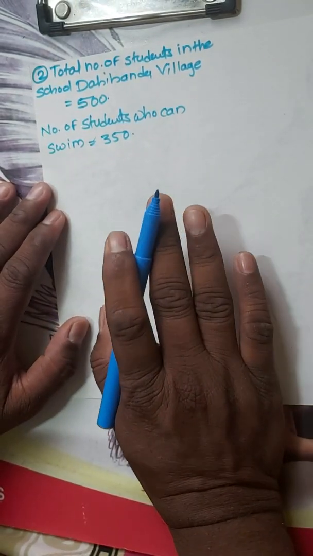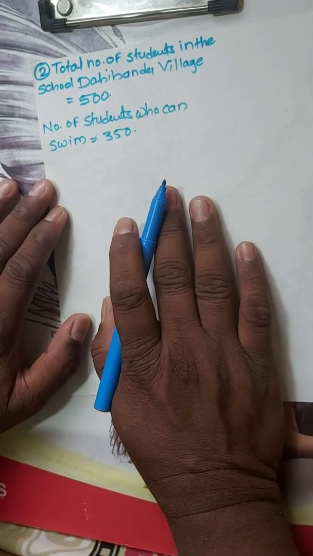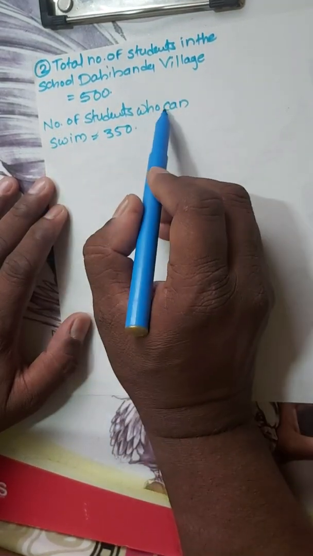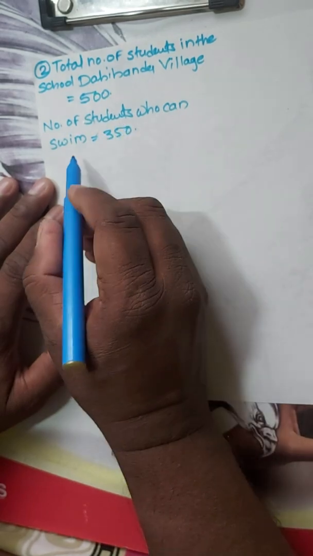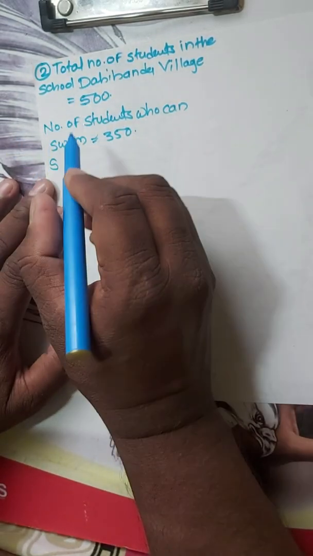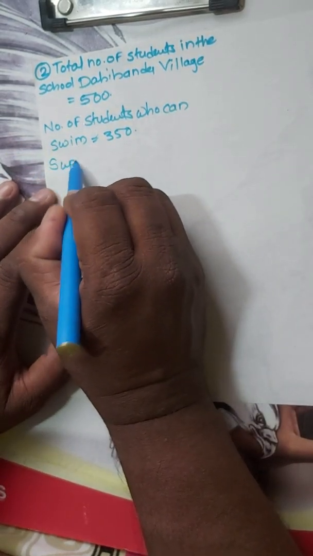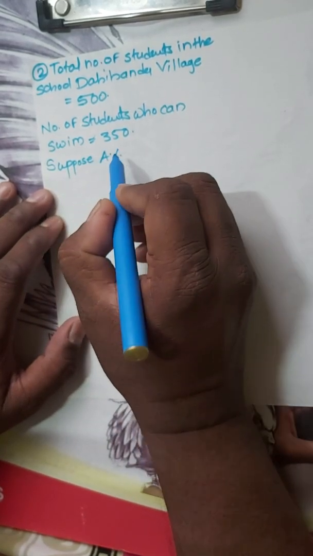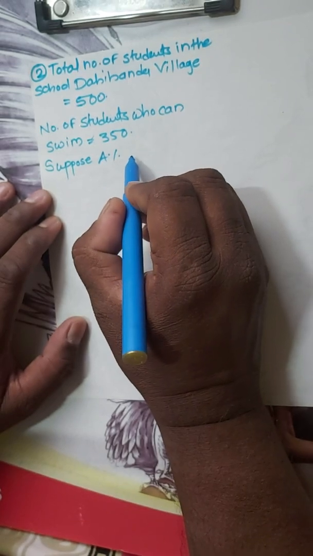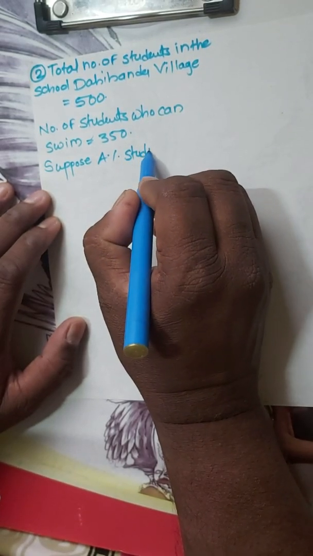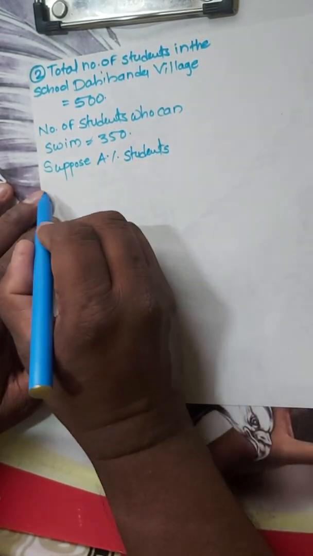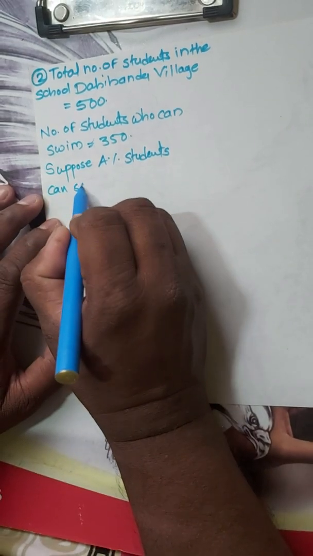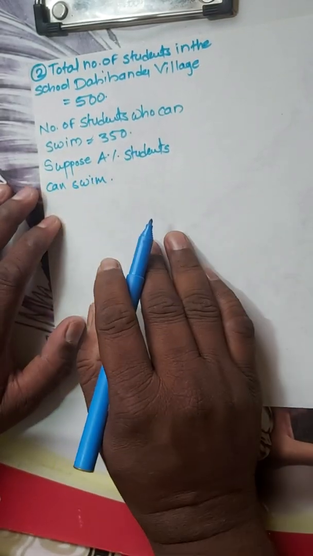Now here we will first find the percentage of students who can swim. Now suppose, or you can write let also, suppose a percent of students can swim.